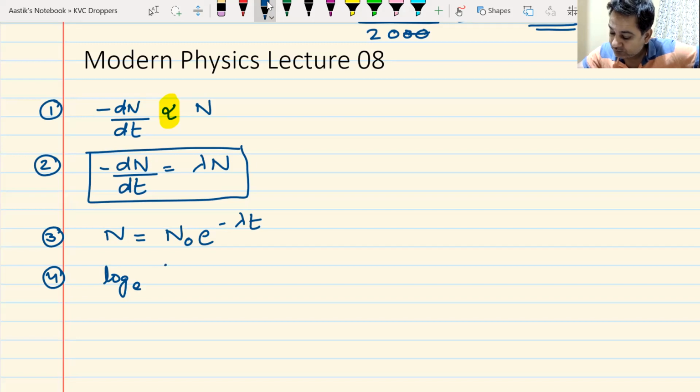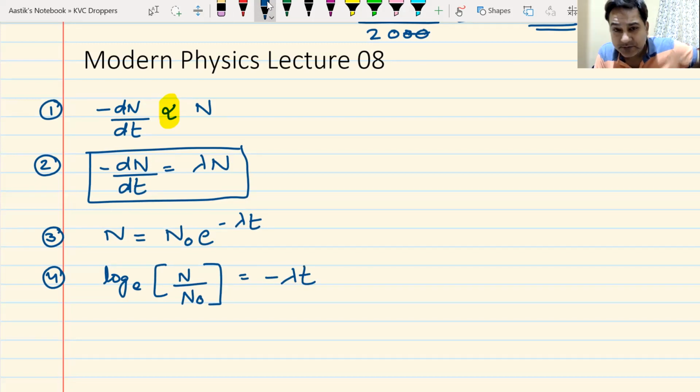Log to the base e of N by N naught is equal to minus lambda t. I've written e wrongly. Are we all remembering these formulae, or are they going above our heads? We remember these formulae, yes or no?